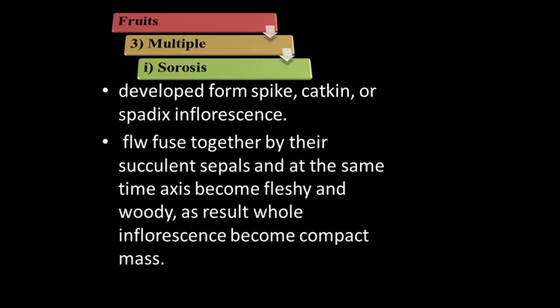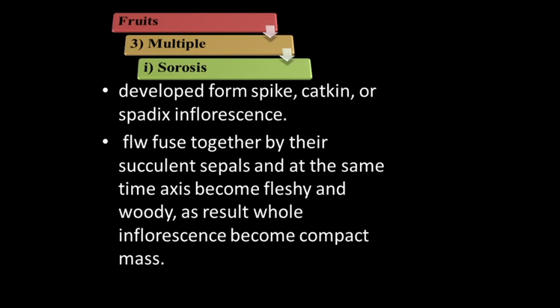The sorosis is developed from a spike inflorescence, catkin inflorescence, or spadix inflorescence. The flowers fuse together by their succulent sepals, and at the same time the axis becomes fleshy, woody, and as a result the whole inflorescence becomes a compact mass. Means in the case of the multiple fruits, the whole inflorescence is aggregated into a collective single fruit. That is the multiple fruit.